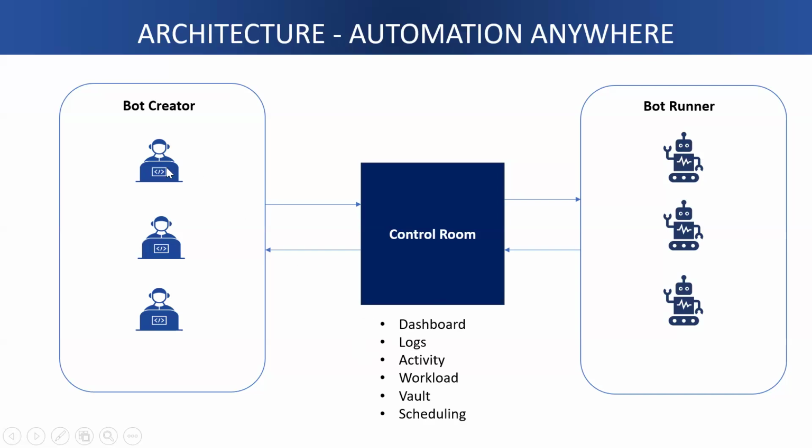If we are logging into this machine, this information is also logged into the control room. Log means log in, log out, and when we run the bot on this machine. All kinds of information will be logged here. Activity, workload, and scheduling are the different information we can see at the control room.